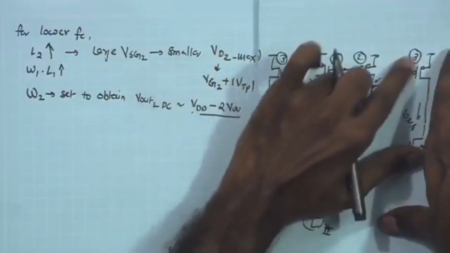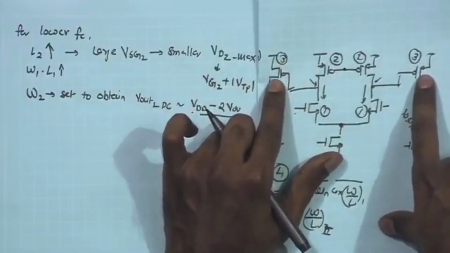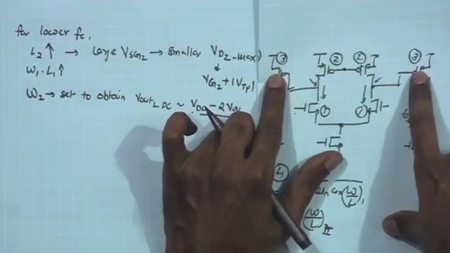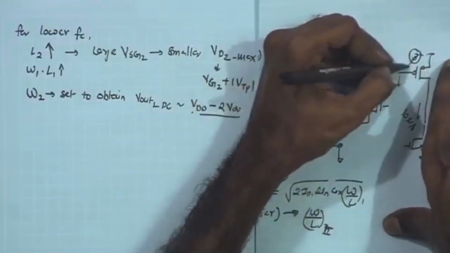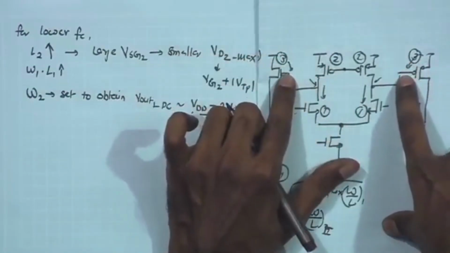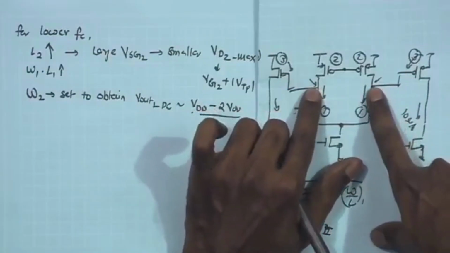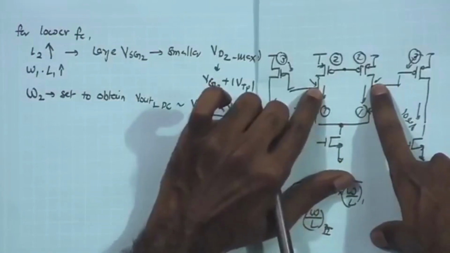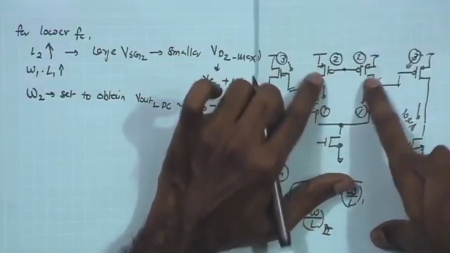For example, for the second stage, if I look at it, I already have the W by L required from the previous equations, and I also have the ID required. So, that is going to give me the required VSG for these two devices, and that VSG is basically the drain potential of this one, and I would like to make sure that that drain potential is sufficiently low for the PMOS over here.